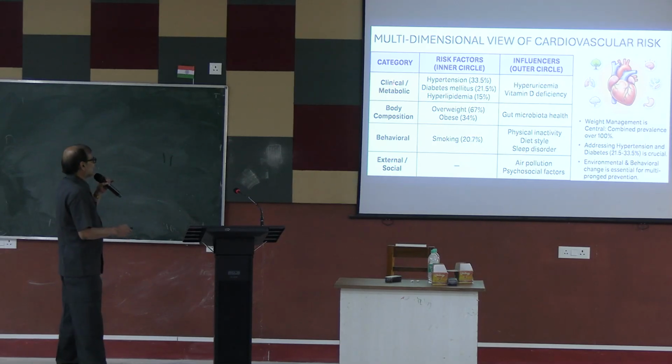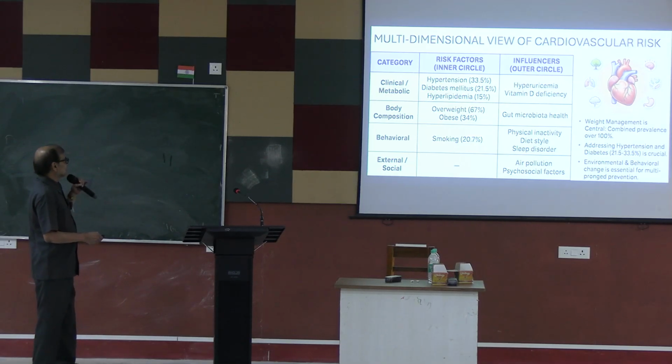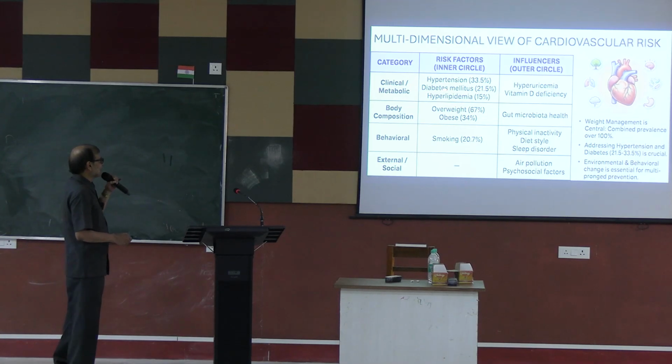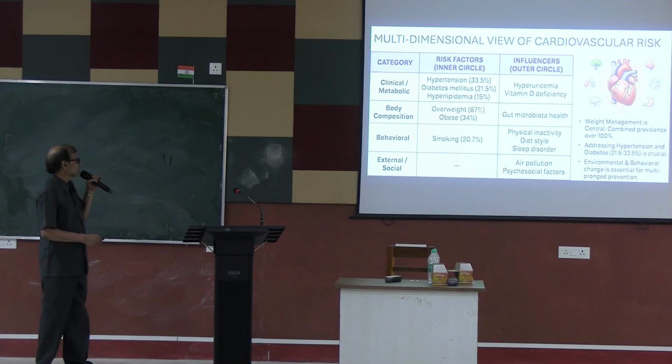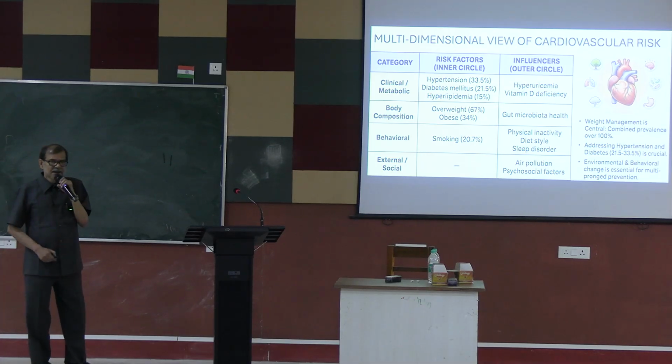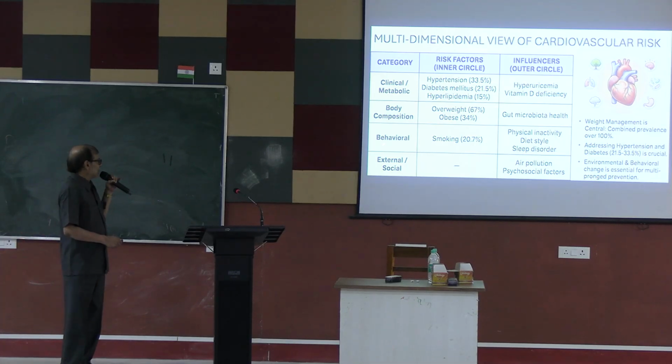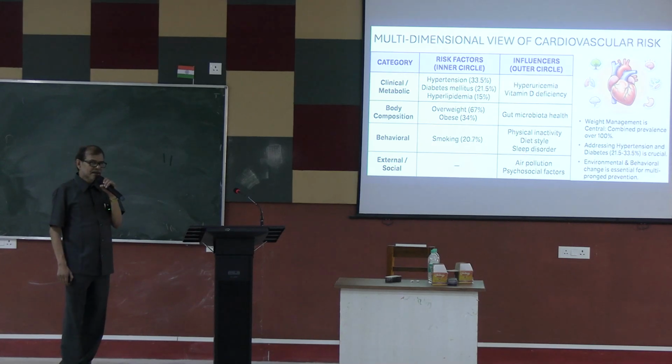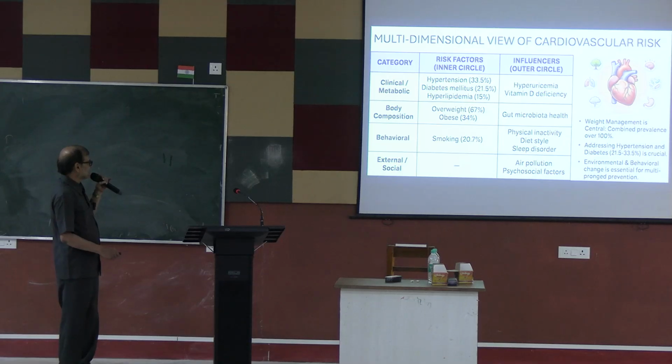Now, clinical or metabolic: hypertension 33.5%, diabetes mellitus 21.5%, hyperlipidemia 15%. Body composition: overweight 6%, obesity 34%. Behavioral: smoking 20.7%. And external is the air pollution, psychosocial factors.